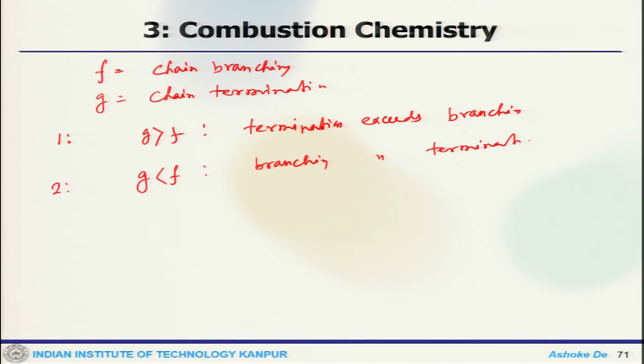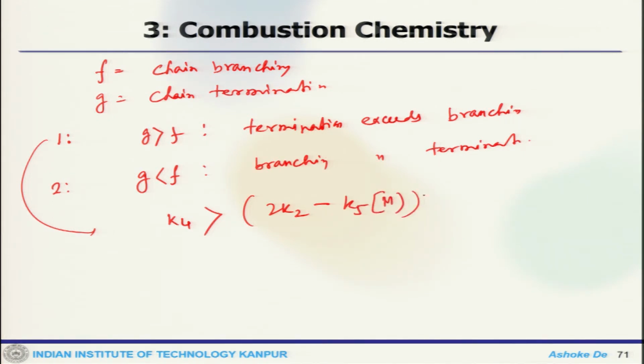So, the solution 1, or possibility 1, implies that k4 is greater than 2k2 minus k5 M O2.